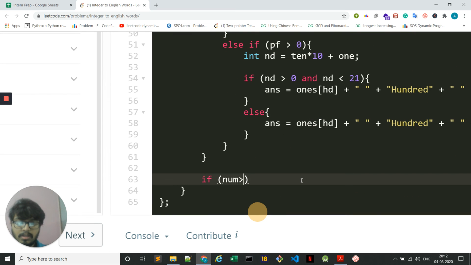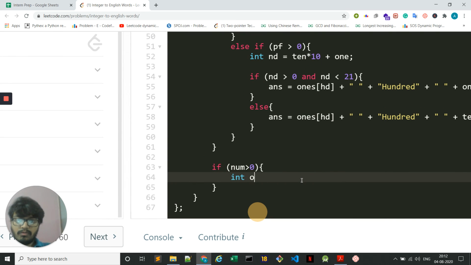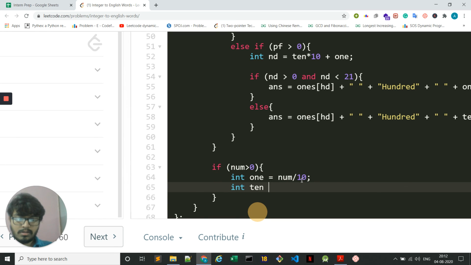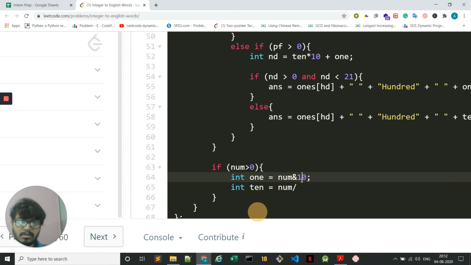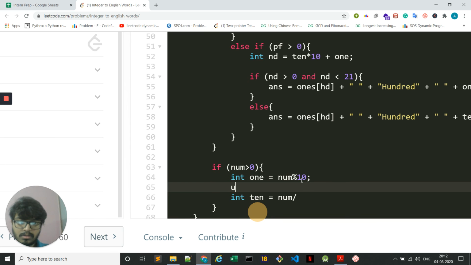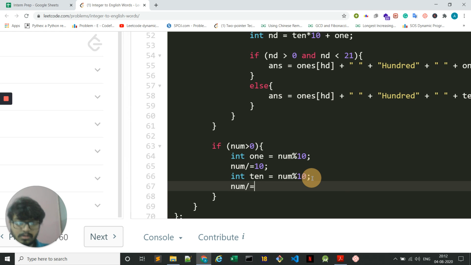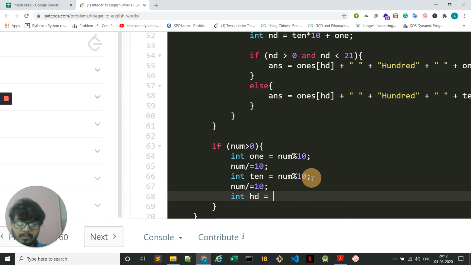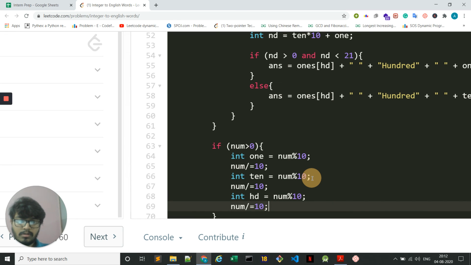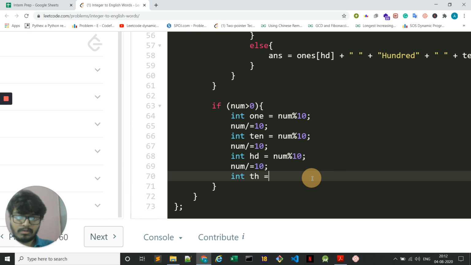So now if the number is greater than 0, this is the ones place of million, this is the tens place of million, this is the hundreds place of million, and this is the thousands place of million.